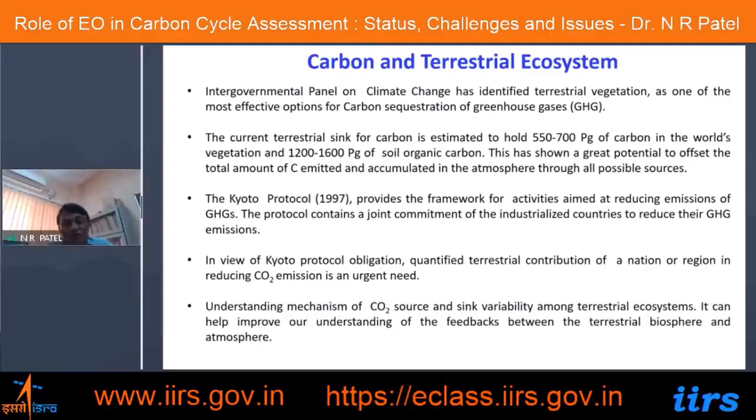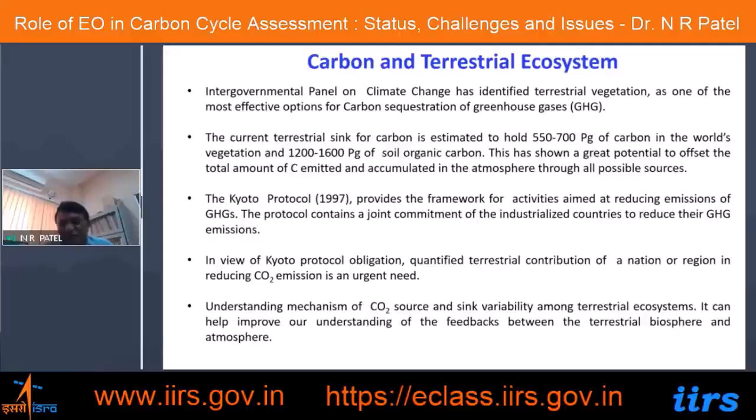So this understanding of CO2 source and sink variability among different terrestrial ecosystems is needed, because there are different kinds of vegetation type and different kinds of systems: agro-ecosystem as well as forest, wasteland and also grassland ecosystem. All have different characteristics and the ability to sequester as well as release carbon.